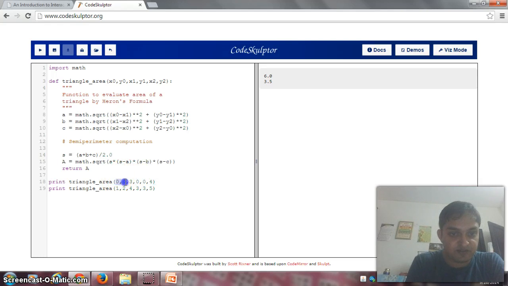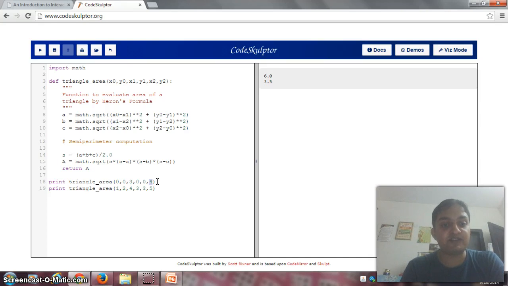Since this is origin, this is point on x-axis and this is point on y-axis, we can clearly see that it is a right triangle where base is this 3 and height is 4. So if we compute area of right triangle, as we have seen in the video and if we remember it, it is given by half into base into height.